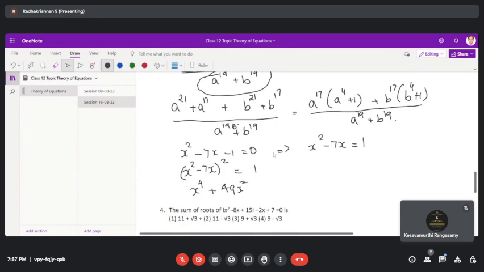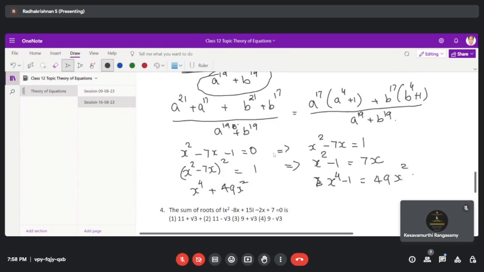Okay, it's the other way. So let us put it as x square minus 1 equal to 7x. So that will give you x power 4 minus 1 equal to 49 x square.